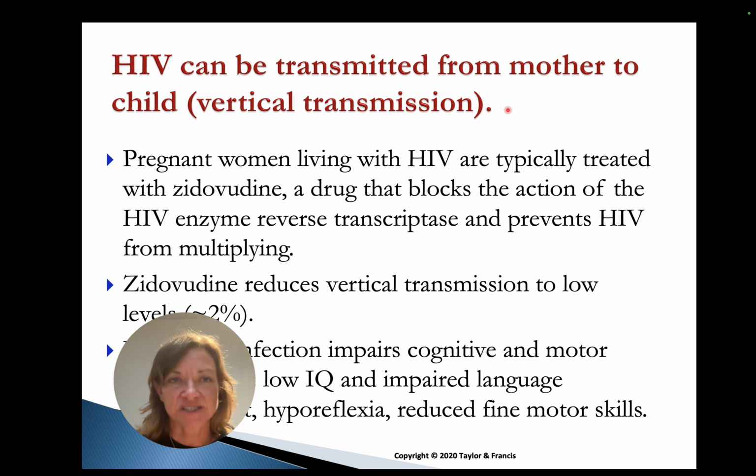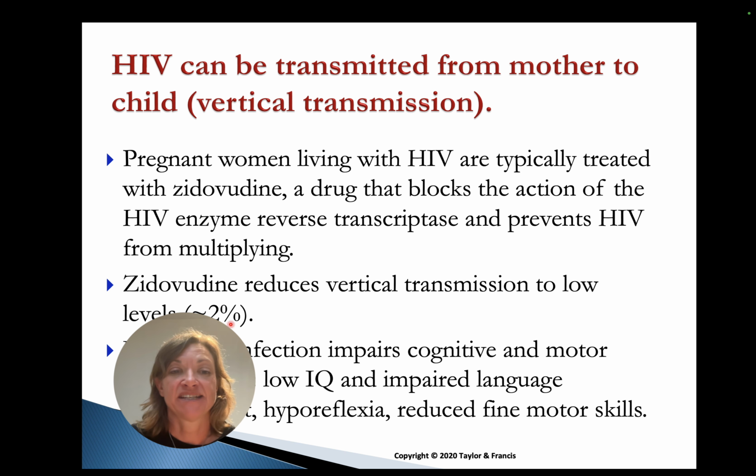Now, for this reason, pregnant women living with HIV are typically treated with zidovudine, which is a drug that blocks the action of the HIV enzyme reverse transcriptase and prevents HIV from multiplying. And so this drug reduces vertical transmission to low levels, maybe about 2%, provided mom has adequate prenatal care and access to the medication.